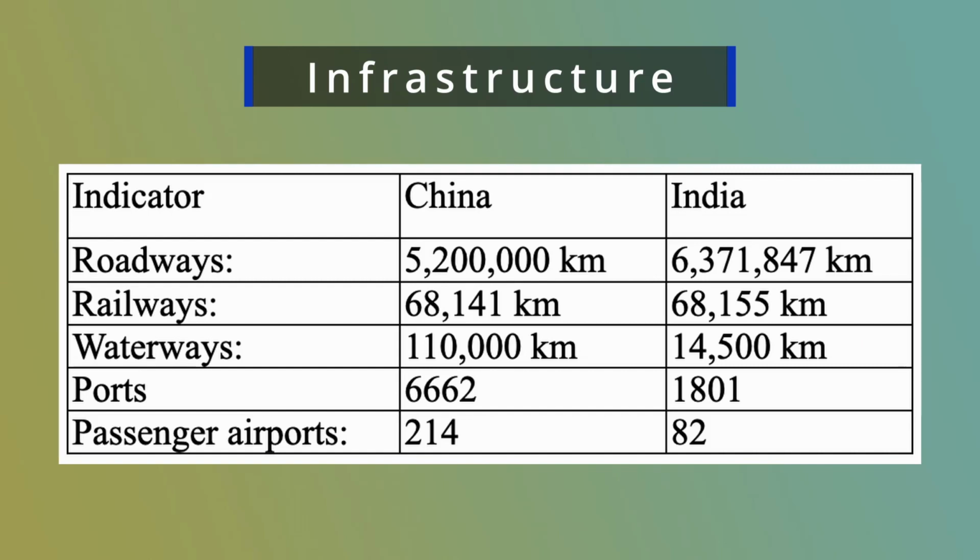That is, both road as well as railway network in India is higher than that of China, but the size of China is 3 times that of India, which indicates that the density of roadways as well as railway network is higher in India compared to China. That is, in respect of infrastructural facility in terms of roadways and railway network, the position of India is quite better compared to China.